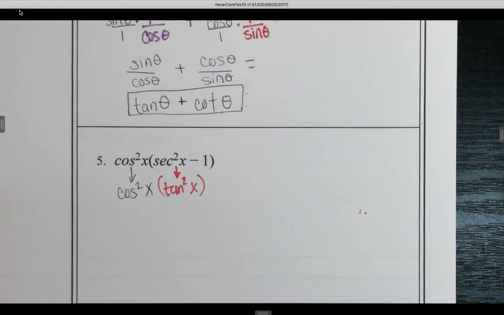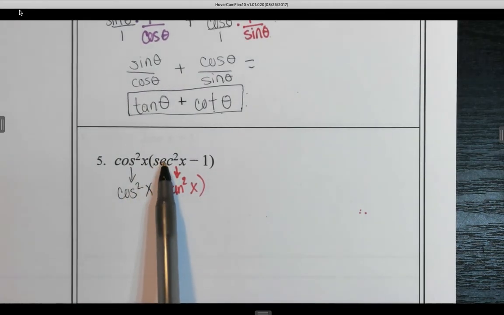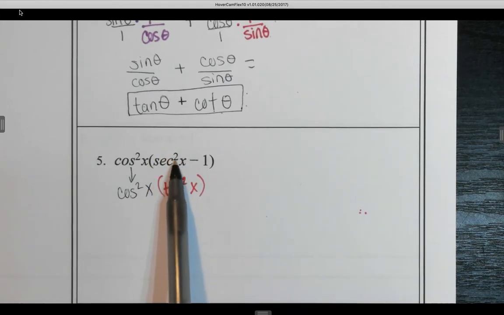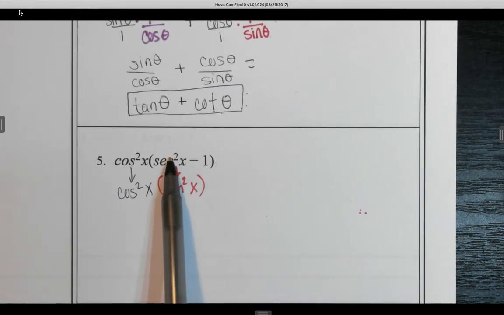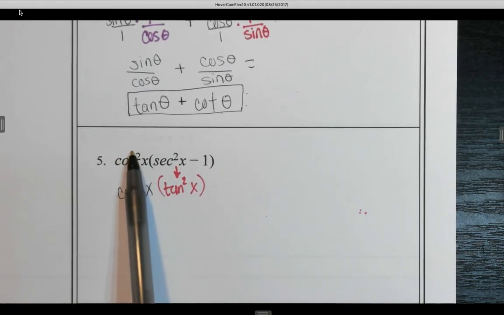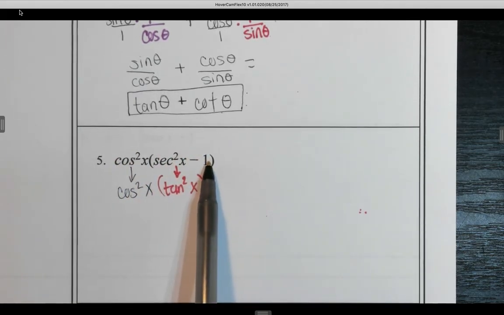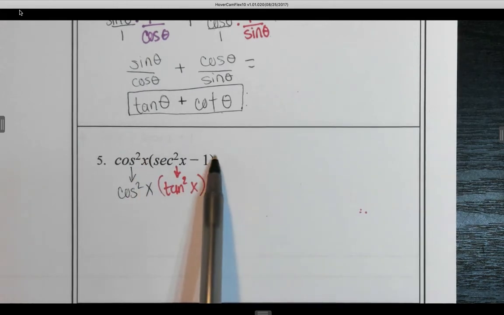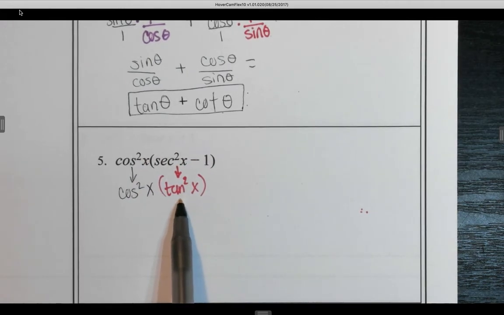Now we can say, well, why didn't I change everything to sine and cosine? Well, our tip was whenever you see that squared, see if the fact that this is some type of Pythagorean identity will help you simplify. And it did. I had cosine, and then I had a secant squared minus a 1. Now I've at least taken this binomial and written it down as a monomial.